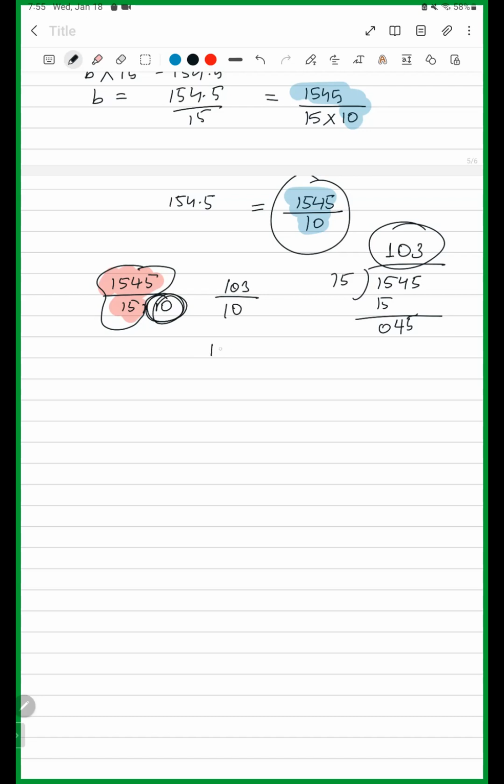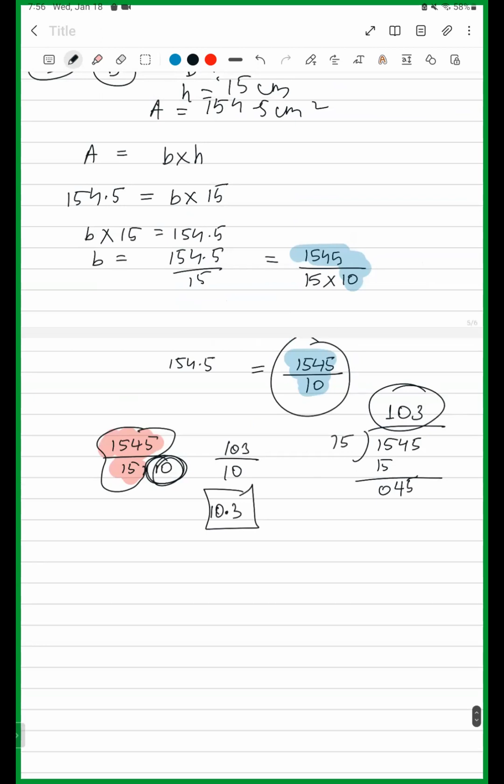So 103 divided by 10 is how much? 10.3. Okay. So base is equal to 10.3.